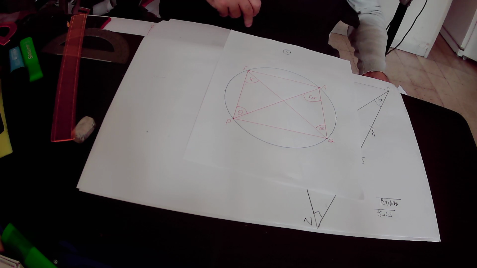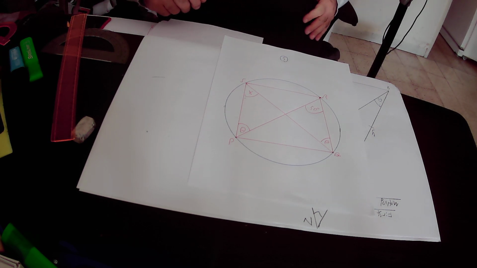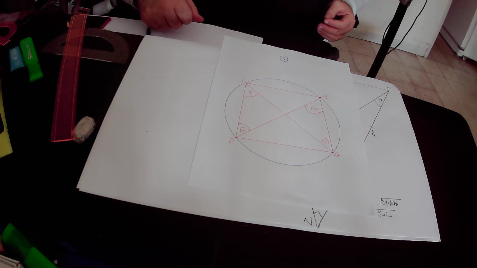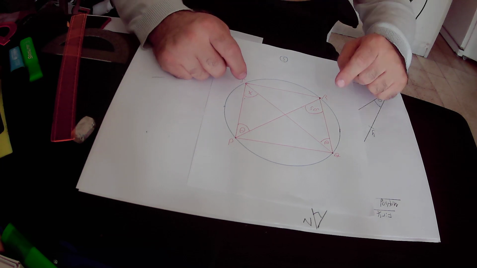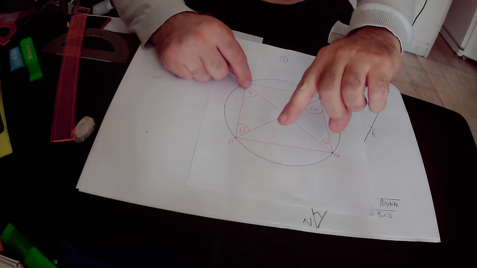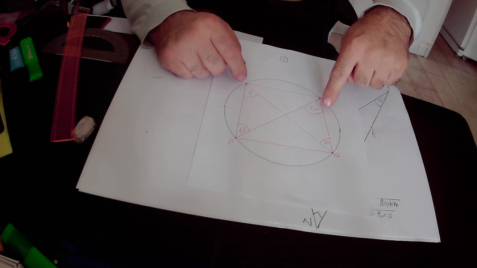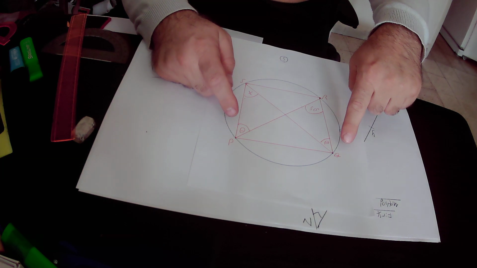And we also have rule number two that states that peripheral angles that subtend the same chord are equal to each other. We can implement rule number two in our drawing, because we have angle X that subtends chord PQ, and we have angle PRQ that equals 50 degrees that also subtends the same chord PQ.